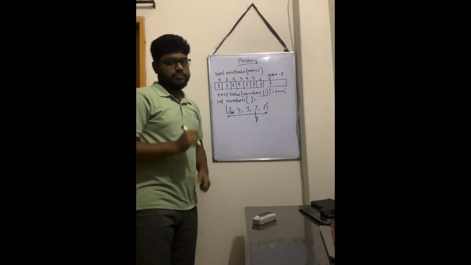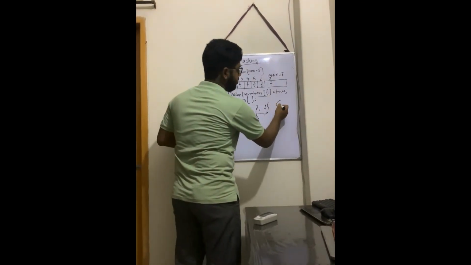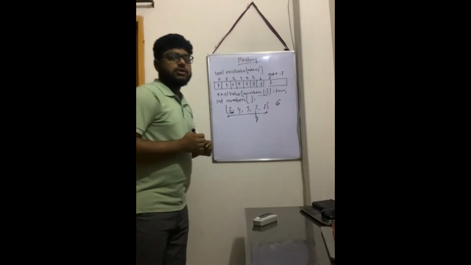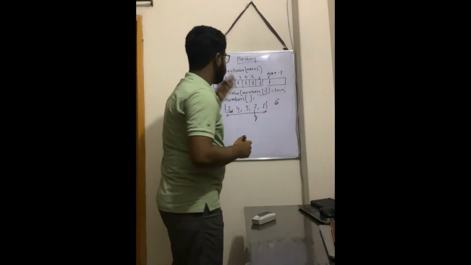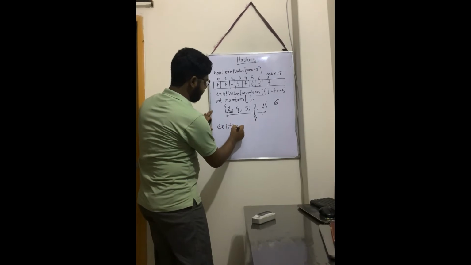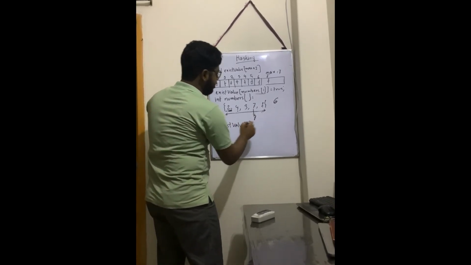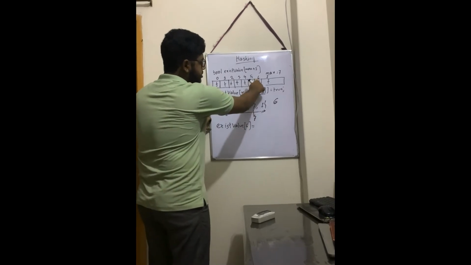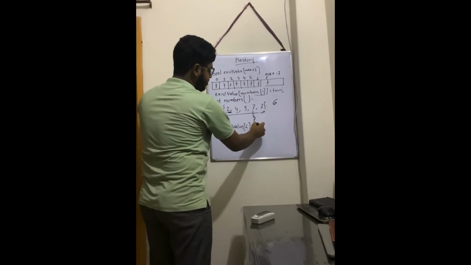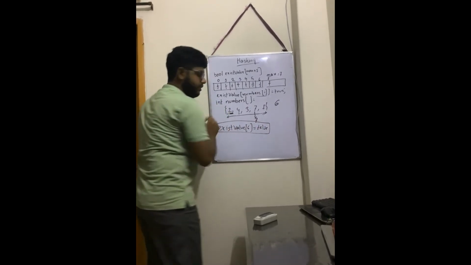So now if we need to search whether 6 exists or not, we just check whether exist of 6 is true or false. As we see, 6 is false, so we can say that 6 does not exist in the array.